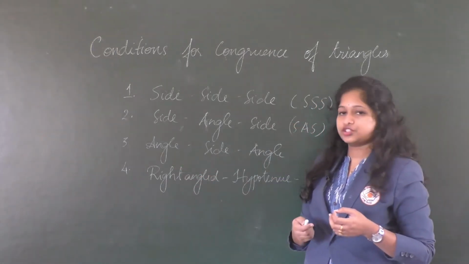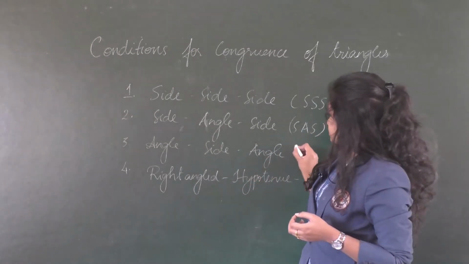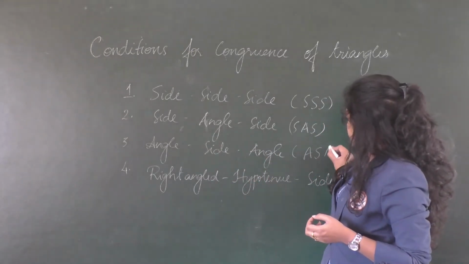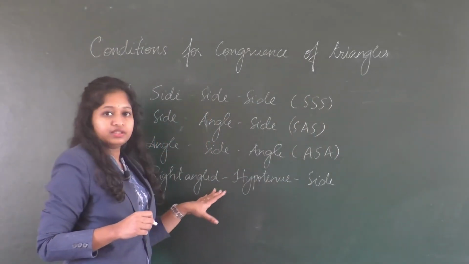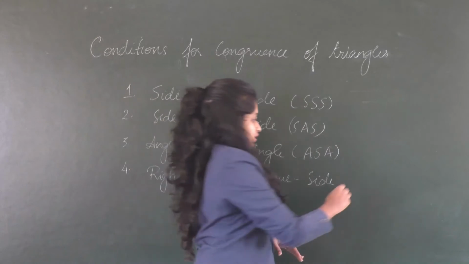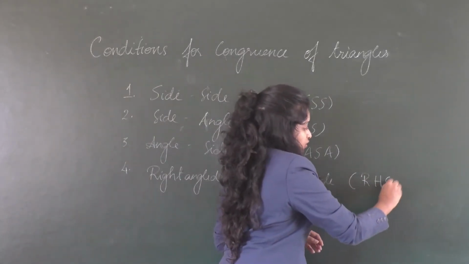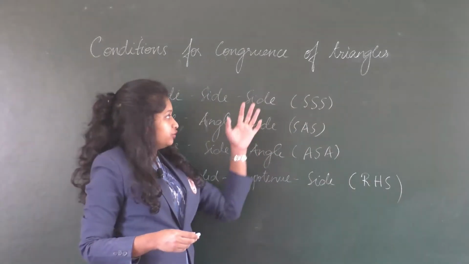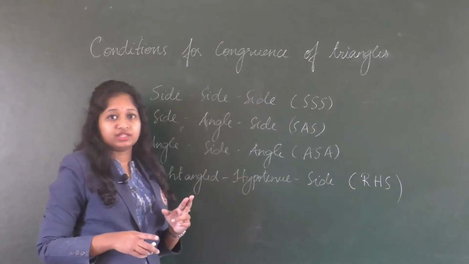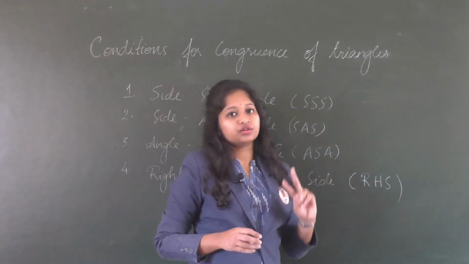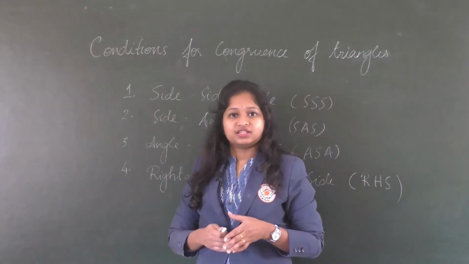The third condition is angle side angle, that is ASA congruency. And the fourth one is right angle hypotenuse side, that is RHS congruency. So, if any of these conditions get satisfied, then we can tell that two triangles are congruent. Now, let us see in detail all these conditions.